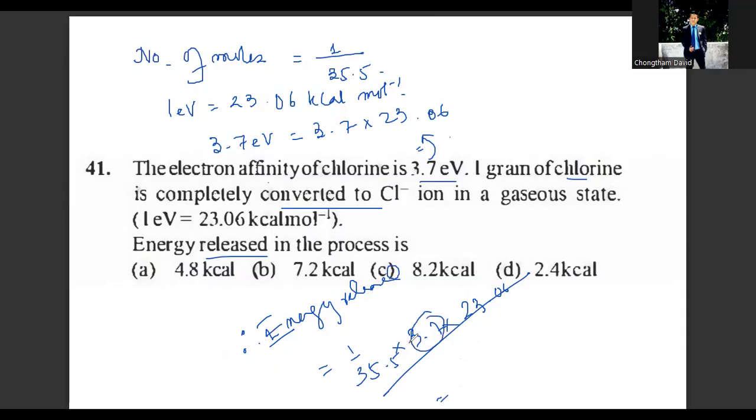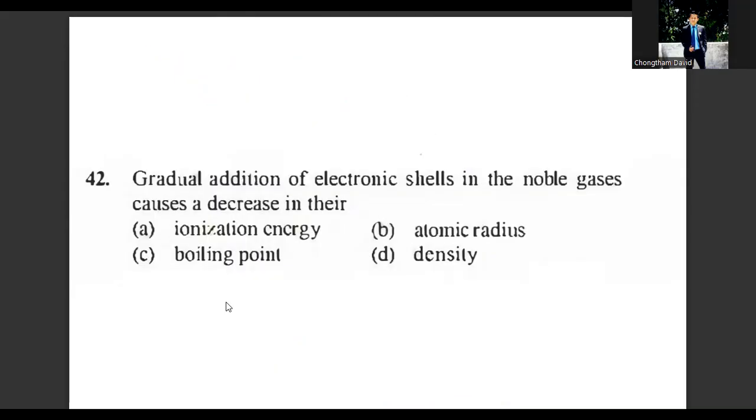Roughly you can cancel, 1 by 1 is 1, 11 twos are 22, so roughly 2.4. You need not calculate the exact value in the exam. Just go with the approximate value. That saves your time.